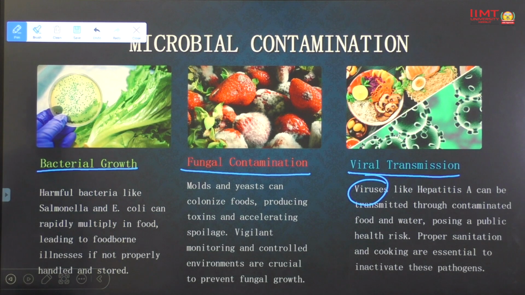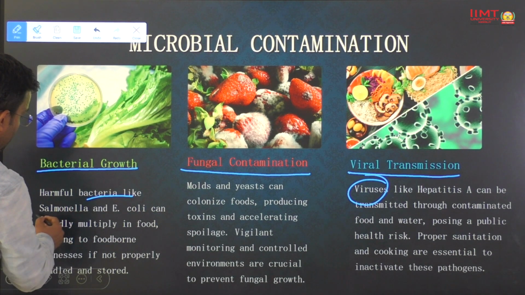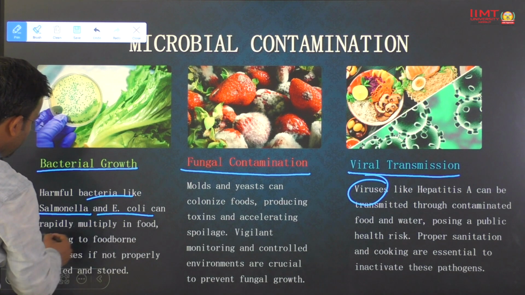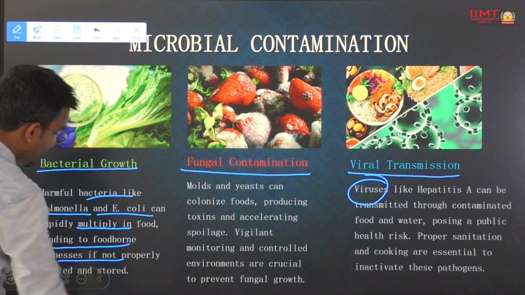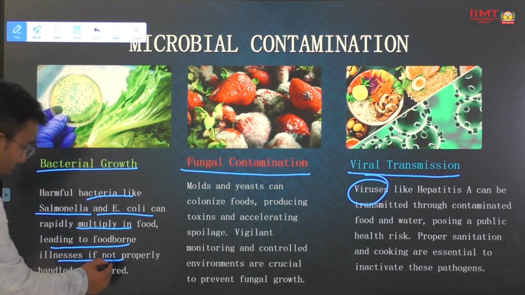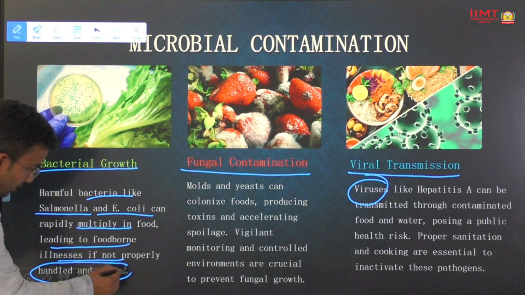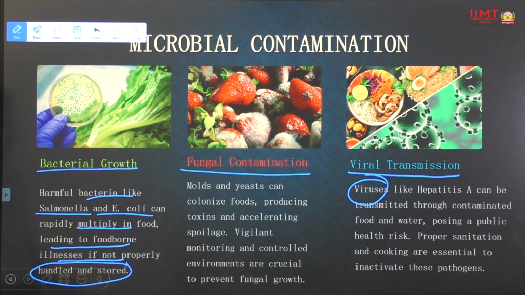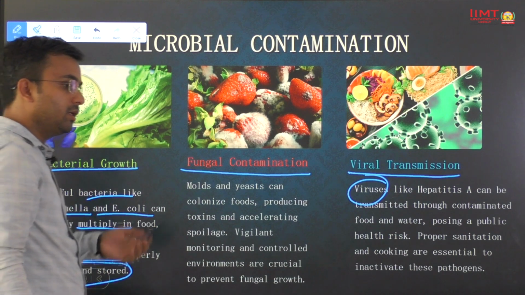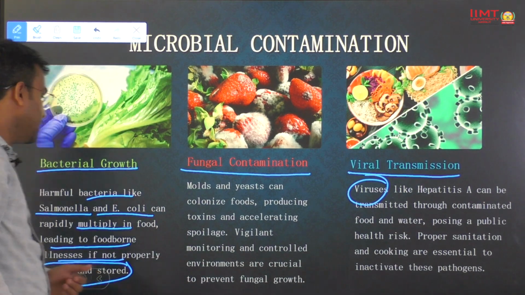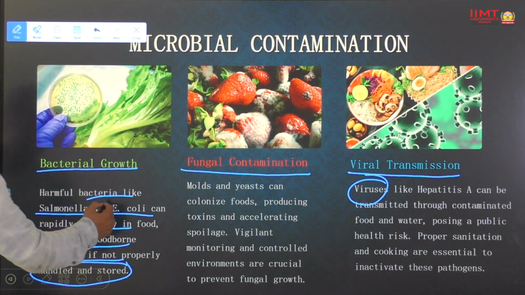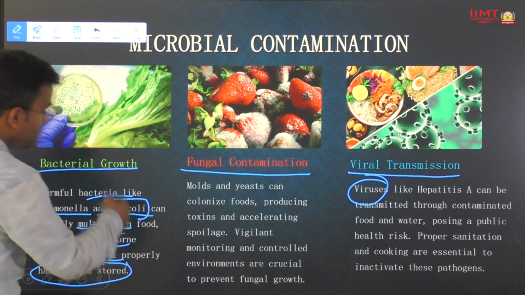In bacterial growth, some kinds of bacteria like Salmonella and E. coli can rapidly multiply in food, leading to foodborne illnesses if not properly handled or stored. If we do not handle the food items properly, in an unhygienic way, then this kind of bacteria can infect the food items.